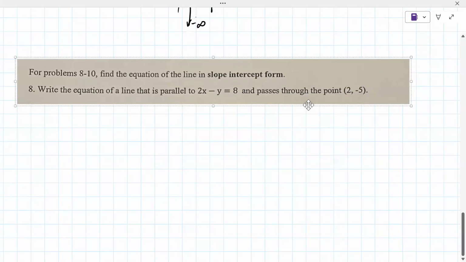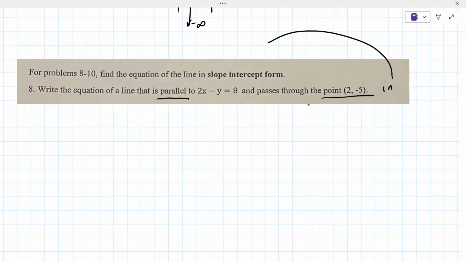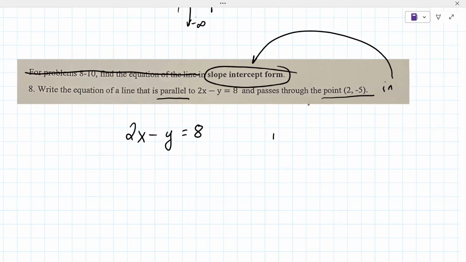There's a lot here. It says, write the equation of a line that is parallel to 2x minus y equals 8 and passes through the point 2, -5 in slope intercept form. Okay, so 2x minus y equals 8. What is the slope?